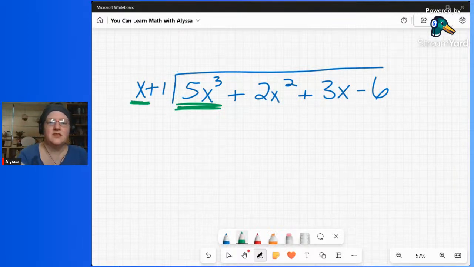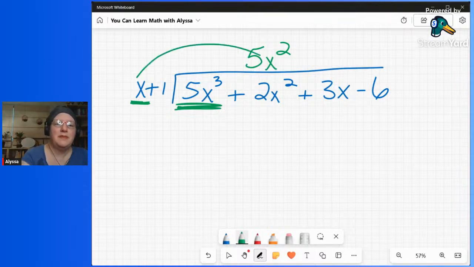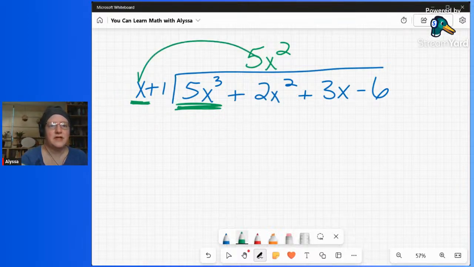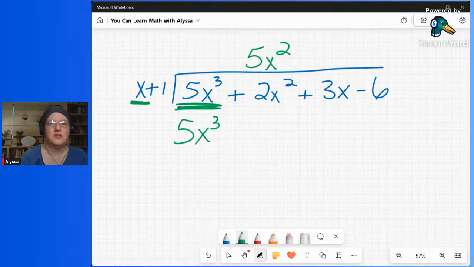So it goes in there 5x squared times. I'm writing it right above the squared to keep things nice and cohesive. And then you multiply back, but you multiply it by everything. And then you're going to write it all down here. So 5x squared times x goes here. 5x cubed. 5x squared times 1 goes here.